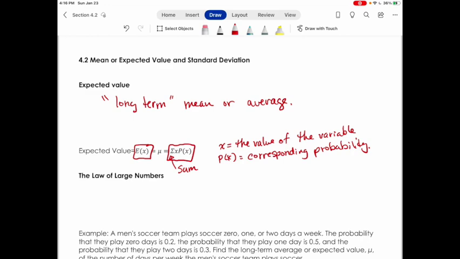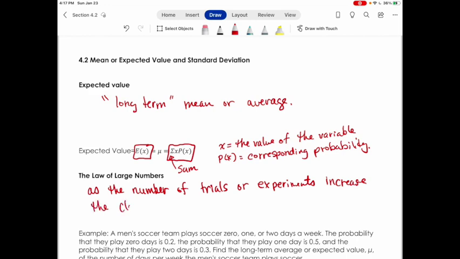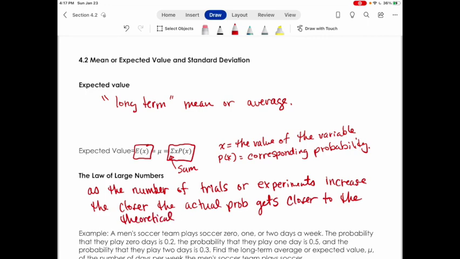So what I would put down to help you understand the law of large numbers is: as the number of trials or experiments increase, meaning the more that you complete, the closer the actual probability gets to the theoretical.